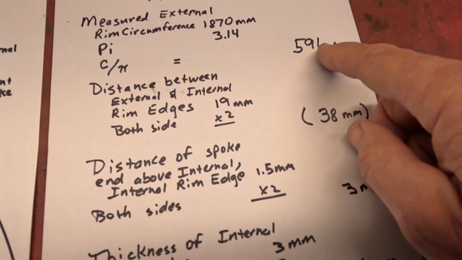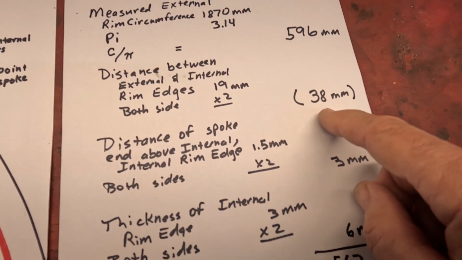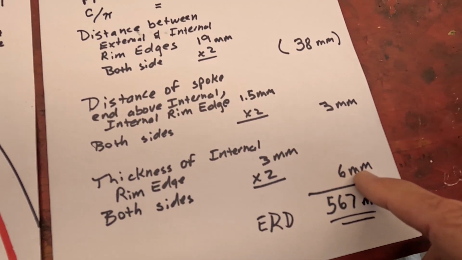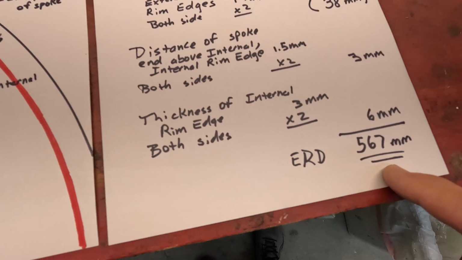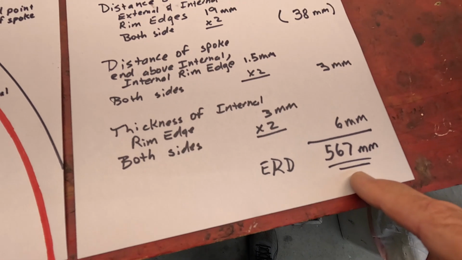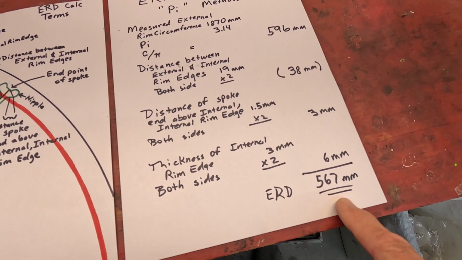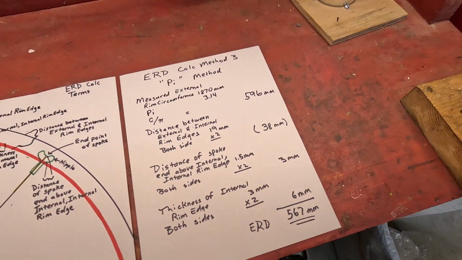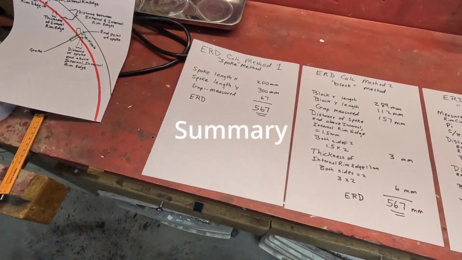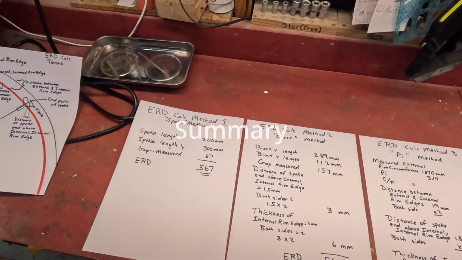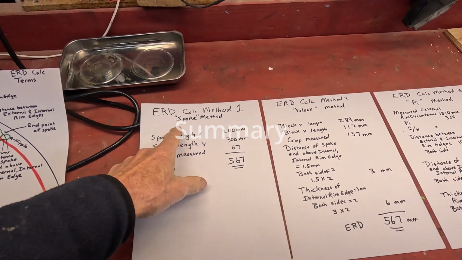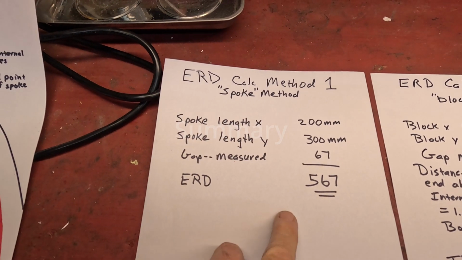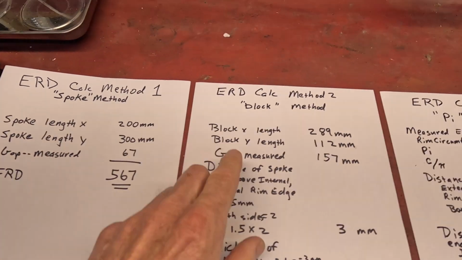When I add all of this up, the 596, subtract the 38, add the 3, add the 6, I get an estimated ERD using the pi method, or my third method, of 567 millimeters. So to summarize the 3 different methods, under the spoke method, or method number 1, I calculated an ERD of 567.